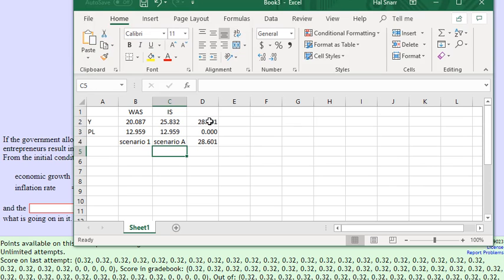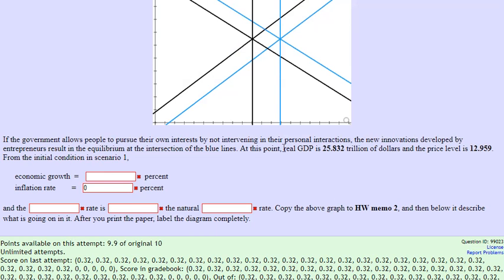And that innovation creates new industries, and those new industries increase long-run aggregate supply and short-run aggregate supply, which results in GDP growth of 28.601%.